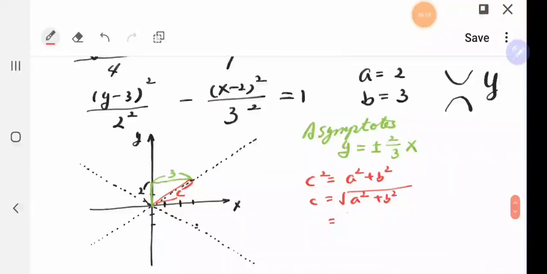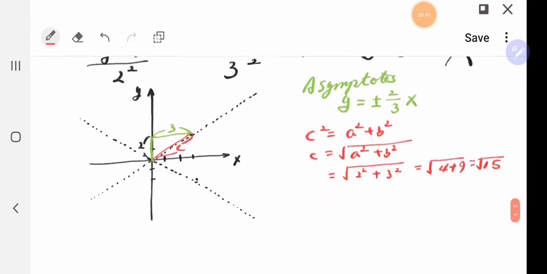In this case, it is 2 squared plus 3 squared, which is the square root of 4 plus 9, the square root of 15.